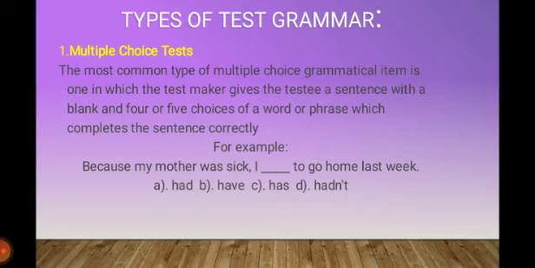Next, types of grammar tests. Multiple choice test. The most common type of multiple choice grammar item is one in which the test maker gives the testee a sentence with a blank and 4 or 5 choices of a word or phrase which completes the sentence correctly. You can look at the example.